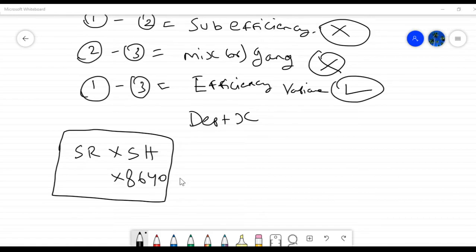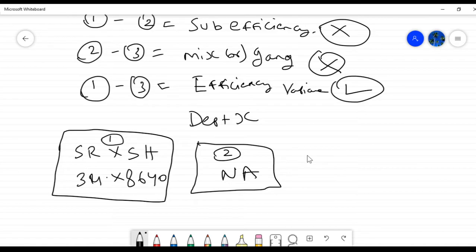Then what is the standard rate? 3 rupees per hour. Okay, this is 1. Then 2, as I said, is not applicable.